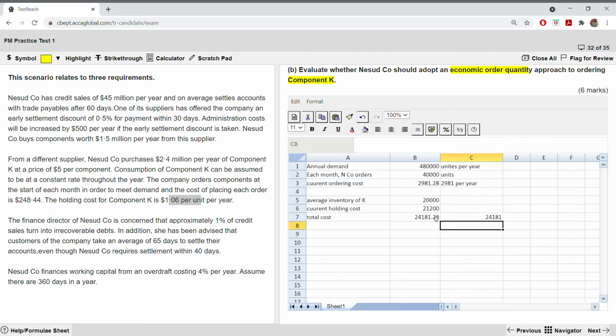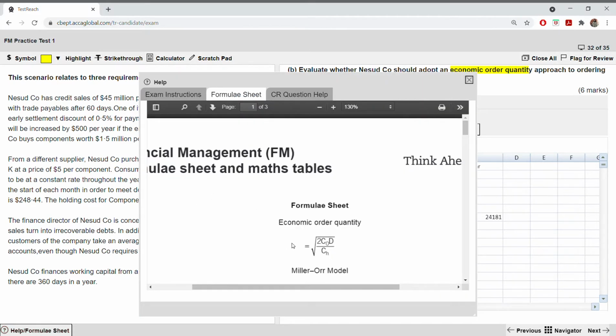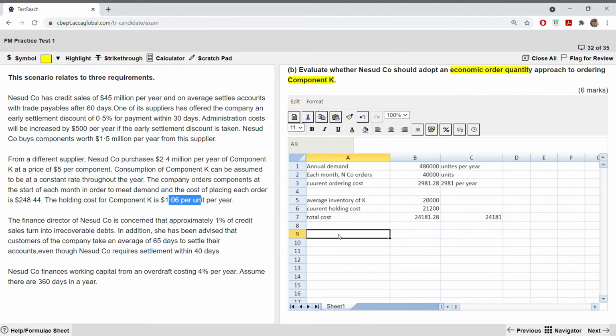Now we are going to use the formula. What is the formula? It is the square root of 2 into current ordering cost into demand divided by current holding cost. So we are going to do this step by step here.